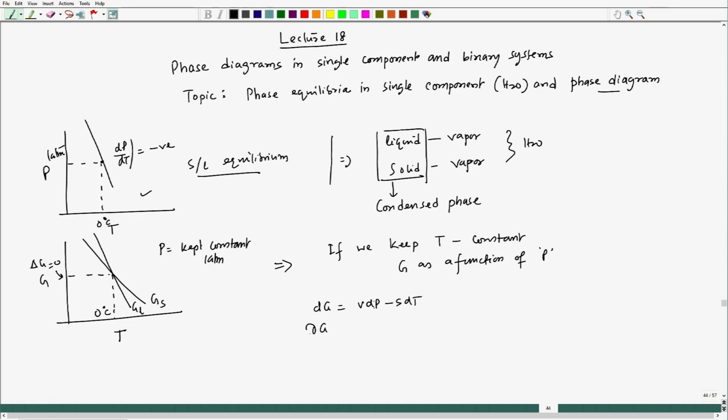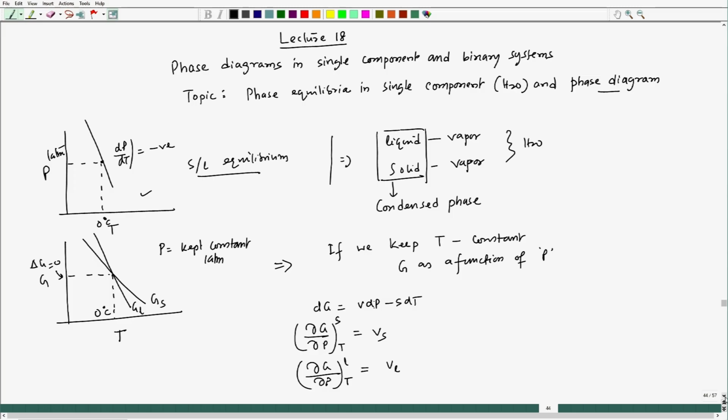I can write dou G by dou P at constant temperature equal to V. So, for solid it is this, and for liquid it is this.